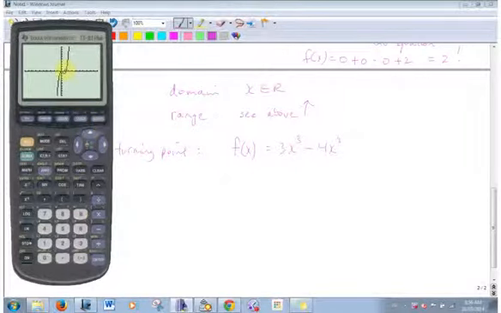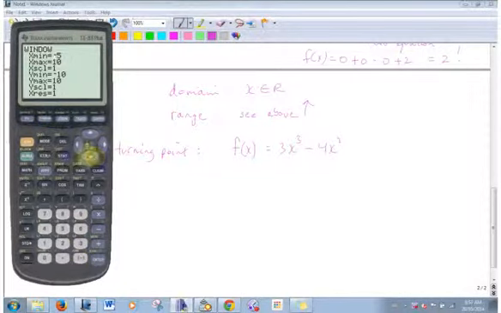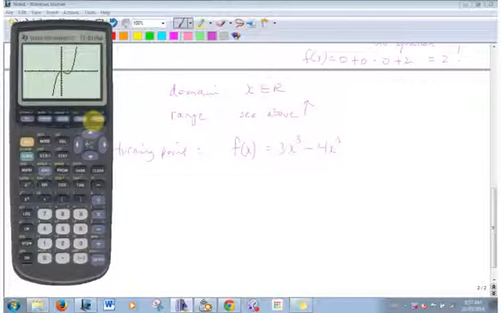So, can you say exactly what's happening around here? Because if you can't, then maybe you want to make it a little bit bigger. Let's make our window a little smaller. Okay, let's just restrict X a bit and see what happens. Okay, that's a little clearer, isn't it?